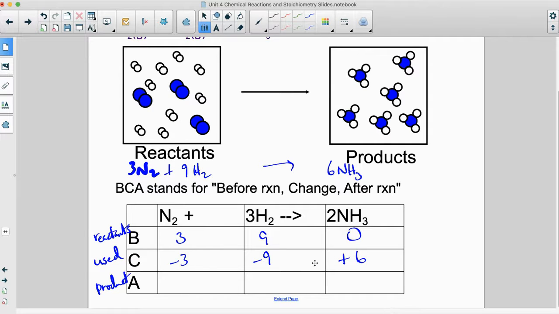So this is what's happening during the reaction. Let me put a sharp dividing line between the reactants and the products. The reactants disappear, so they're minus, they're used up, but the products are a plus sign. So now all of these are used up, and we have 6 ammonia particles left in the products right here.